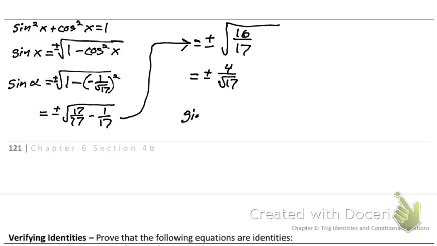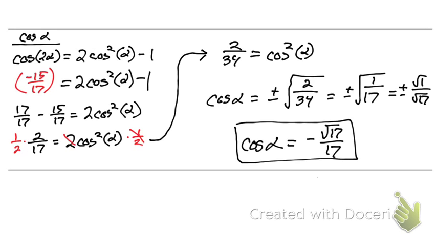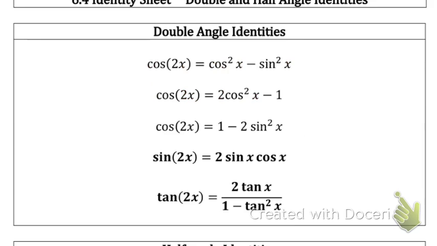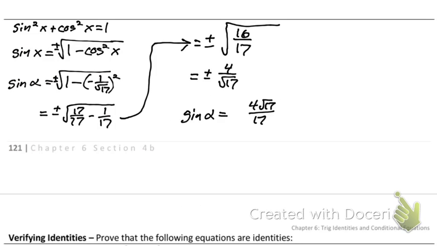So that means our sine alpha is going to equal plus or minus, we'll take care of that in a second, but 4 square root of 17 over 17. And we said when we were talking about alpha, we are in quadrant, let's go back to it. 2 alpha is in quadrant 3, alpha's in quadrant 2, sine is positive in quadrant 2, so this is just positive.